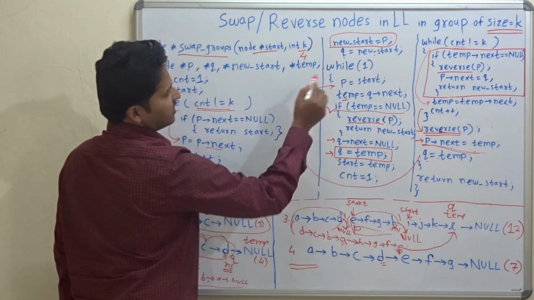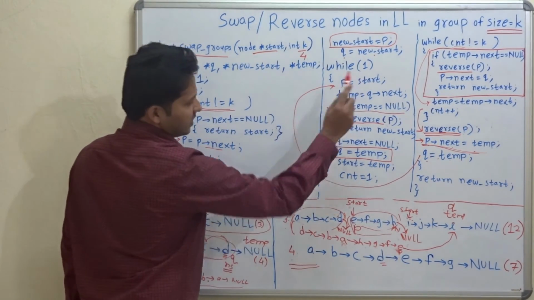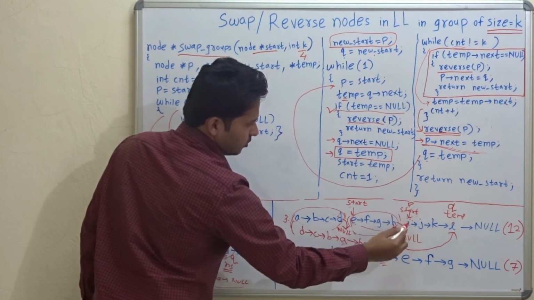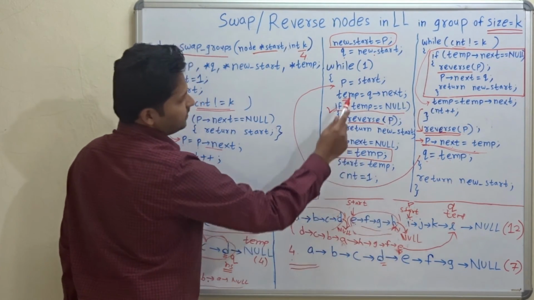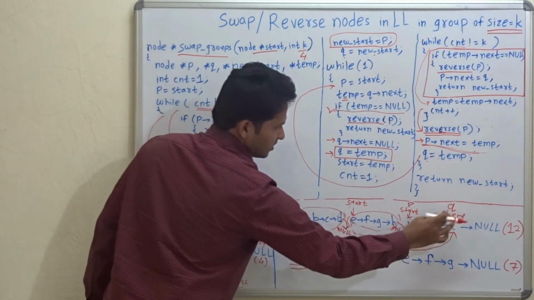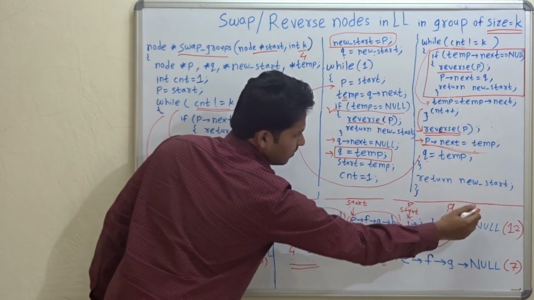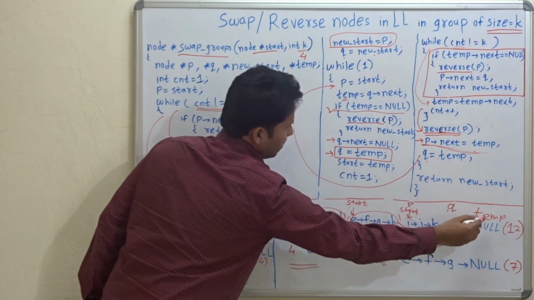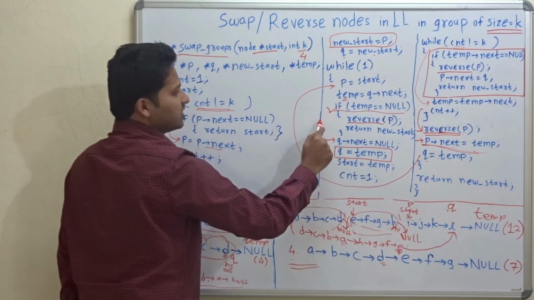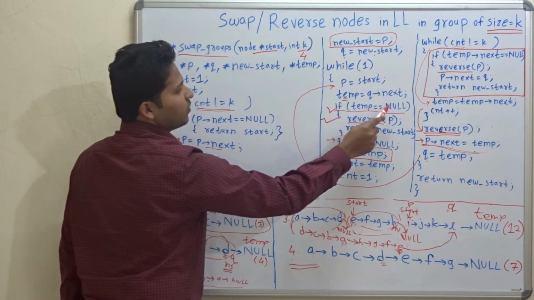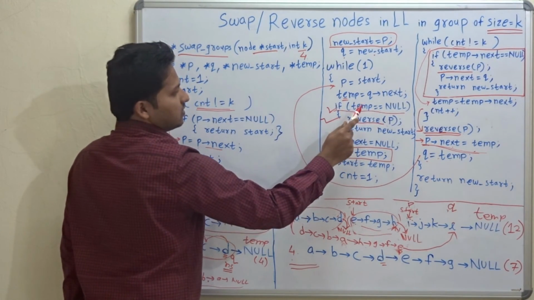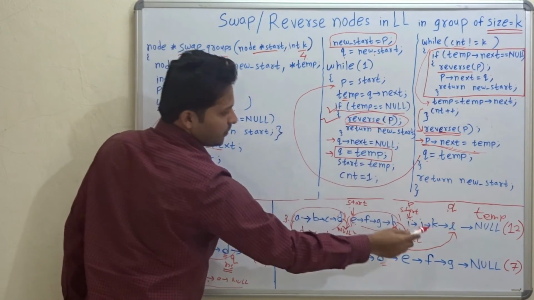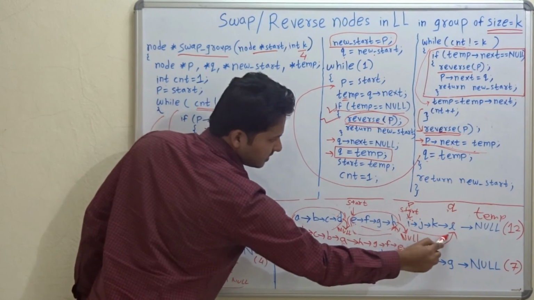Again going to the next iteration now. P is equal to start. So P will point to I, that is the start. Temp equal to Q points next. So temp will go to the next node of Q, that is null. So now this condition is satisfied if temp equal to null. So if this condition is satisfied, then we just reverse the previous group, that is this group.